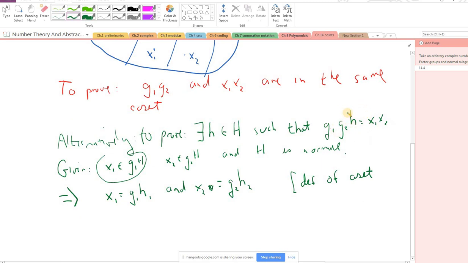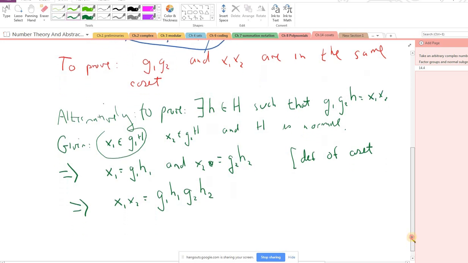Now what we're trying to show is this, right? Yes. So what do you want to do with these two facts together? I guess you want to multiply them. Sure, let's do that. So that means x1, x2 equals g1 h1 g2 h2. And that's exactly where I got stuck. Okay, good, so you got this far.